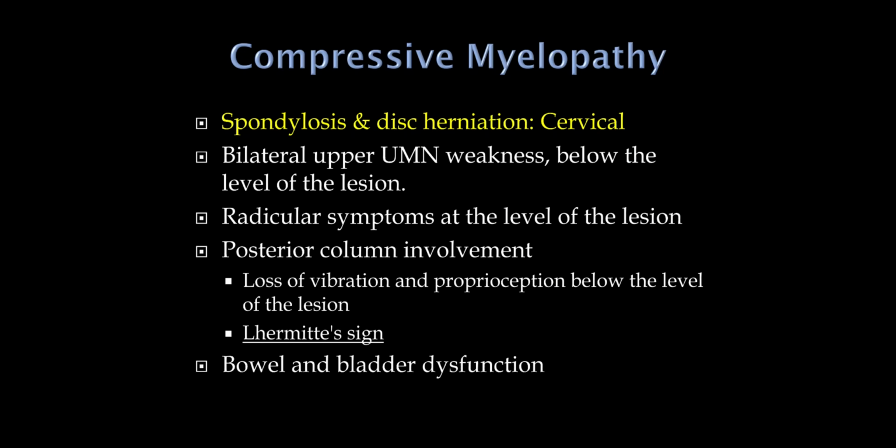Okay, at the end of this lecture, we will talk about innervation of the bladder. Now, the anatomy of the bowel and bladder through the spinal cord is very complex, but if you have a lesion of the spinal cord, it usually ends up disrupting these pathways, and patients have bowel and bladder dysfunction.